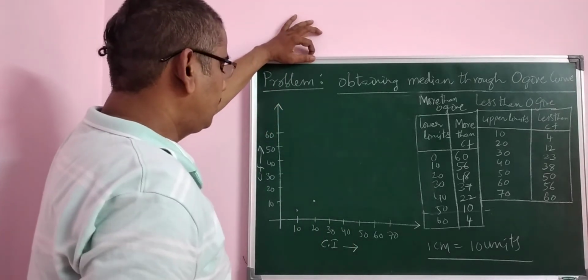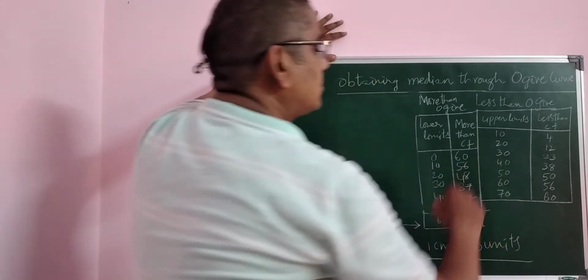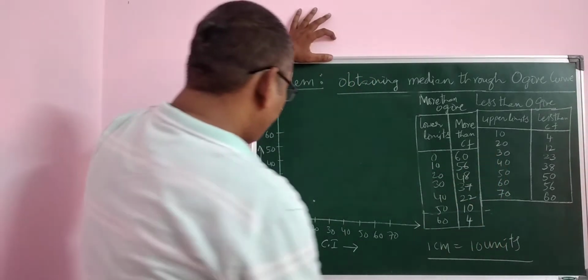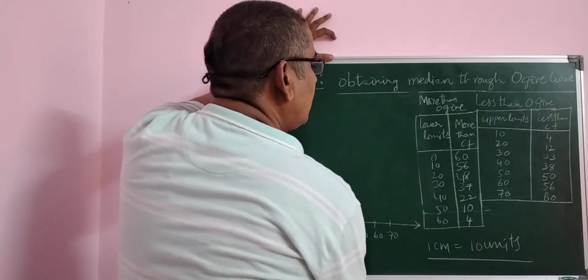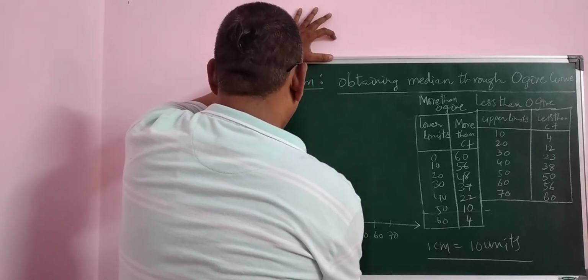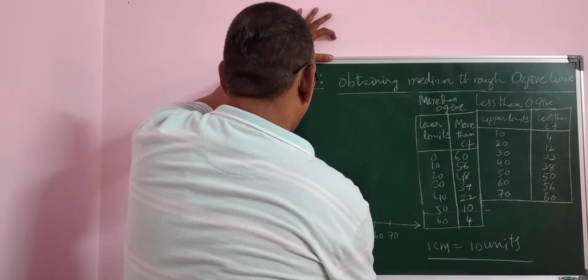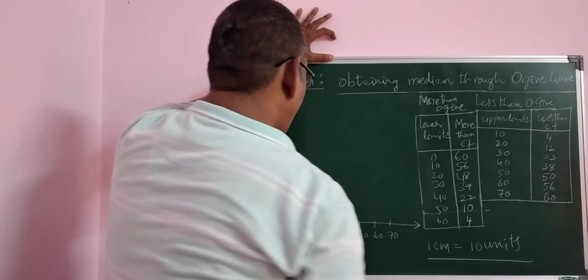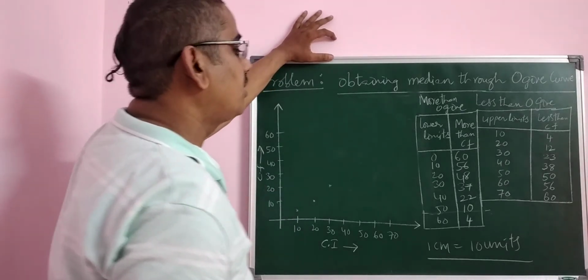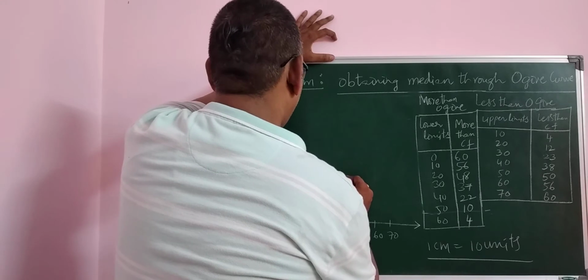And then 30, the 23 the frequency, cumulative frequency against 30, it is going to be plotted. Make a point at 23 against 30. And then make a point against 38 against 40.